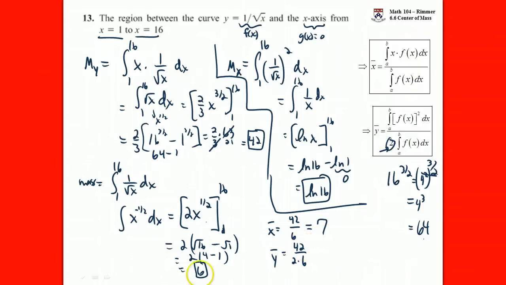No, log 16, I'm sorry. Jeez, what's wrong with me? Slow down. Log 16 over 8. Not much you can do to simplify that. I say leave it like that. That's good enough. X bar, Y bar, you're done.